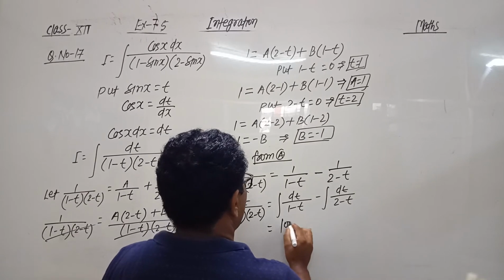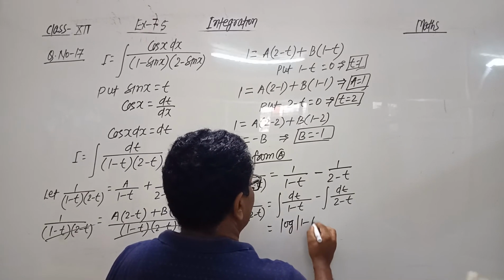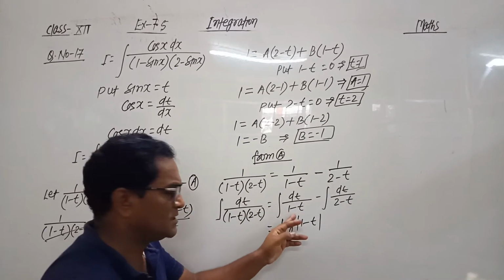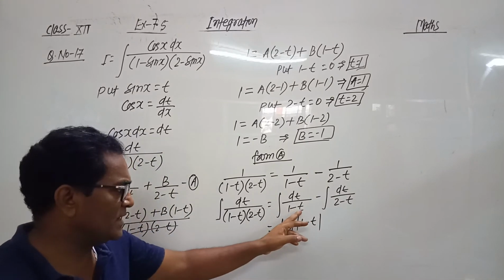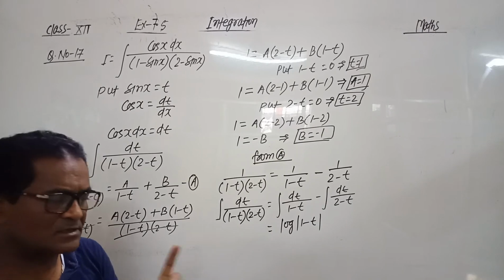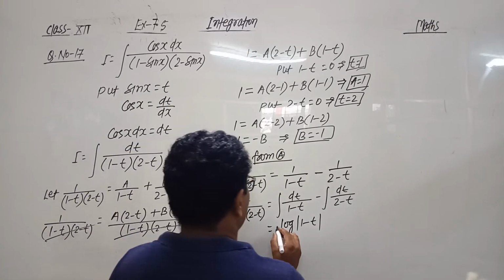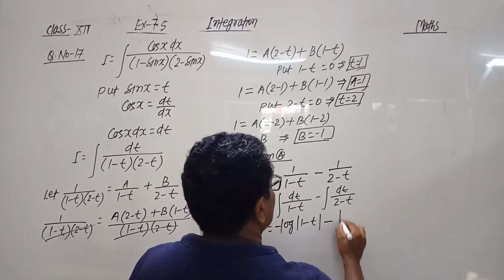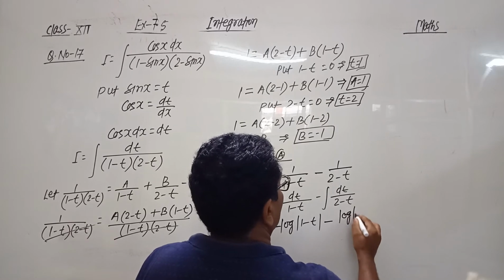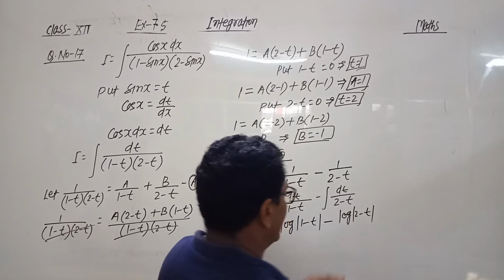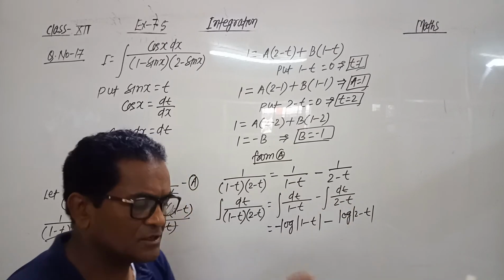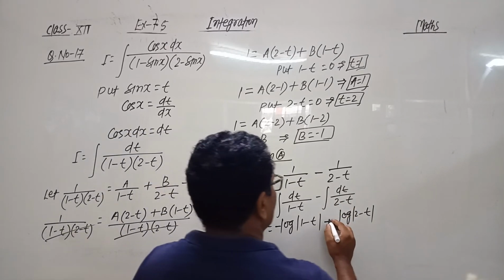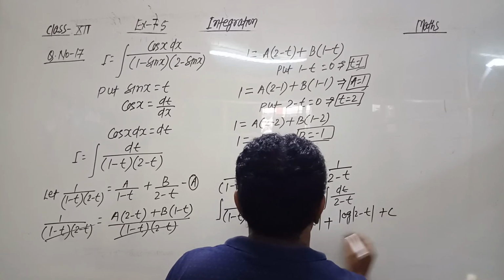Now integration of dx upon x is log. This is log of 1 minus t, and also differentiation of 1 minus t. So differentiation of 1 is 0 and differentiation of minus t is minus 1. So it would be divided by minus 1. Minus log of 2 minus t, then differentiate 2 minus t, and differentiation of minus t is minus 1. So minus minus becomes plus.